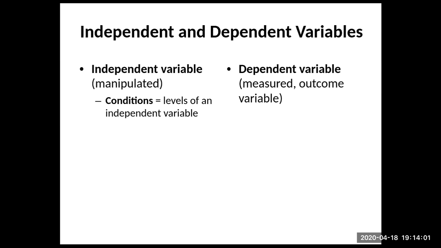The dependent variable, again, is sometimes called the measured variable or the outcome variable because it's the outcome we're trying to get. A good way to remember this is that the dependent variable is whatever number we're getting out of this. If we go back to that example of studying and your test scores, how do we know that somebody did better or worse?